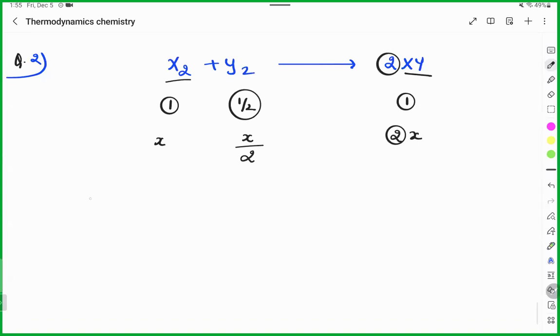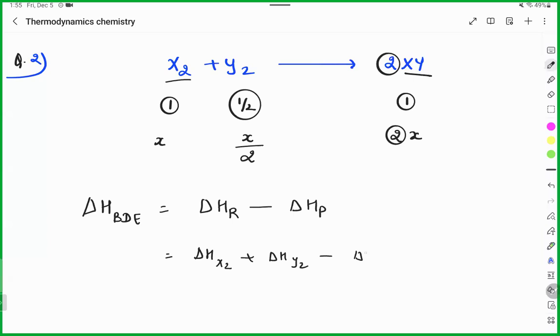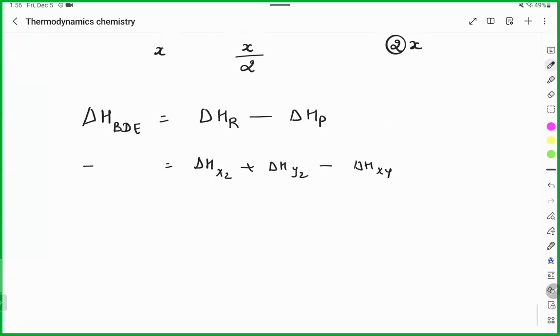Same process. Delta H of bond dissociation energy is reactant minus product. What is the reactant value? Sir, X. Delta H of X2, delta H of Y2 minus delta H of XY. Correct? This is minus 200.